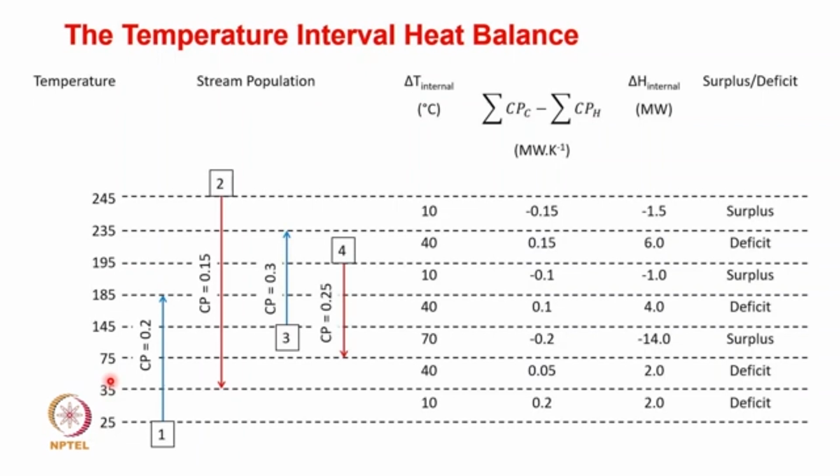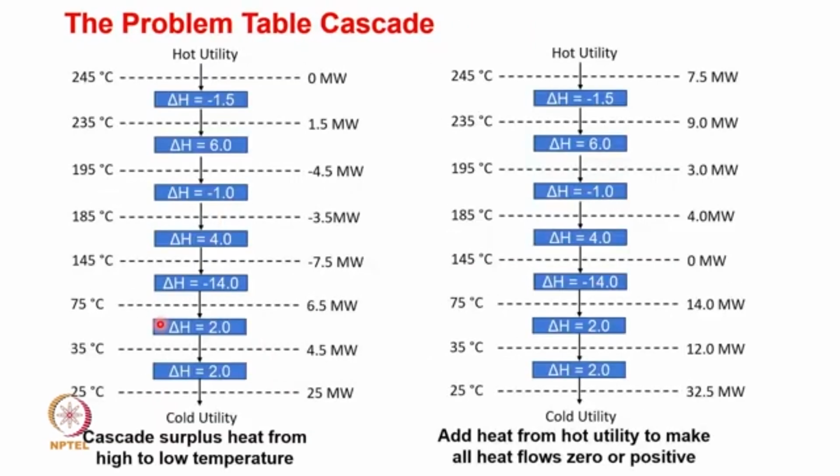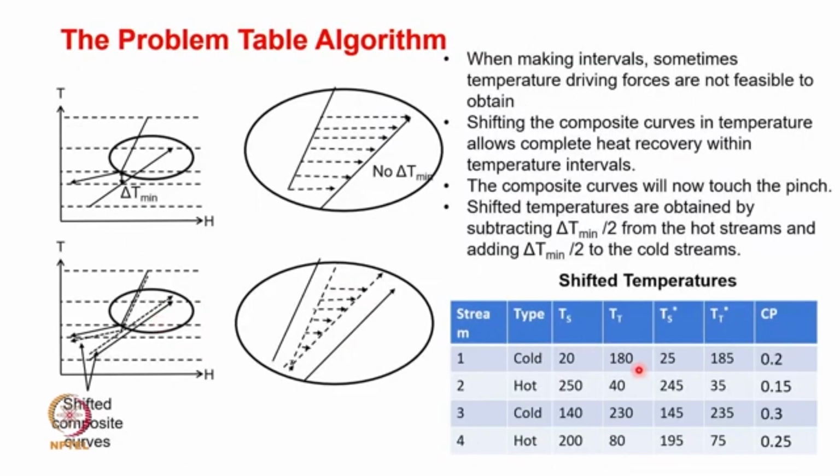And let's mark the streams. Your cold stream is now entering at 25 and exiting at 185, with a CP of 0.2.